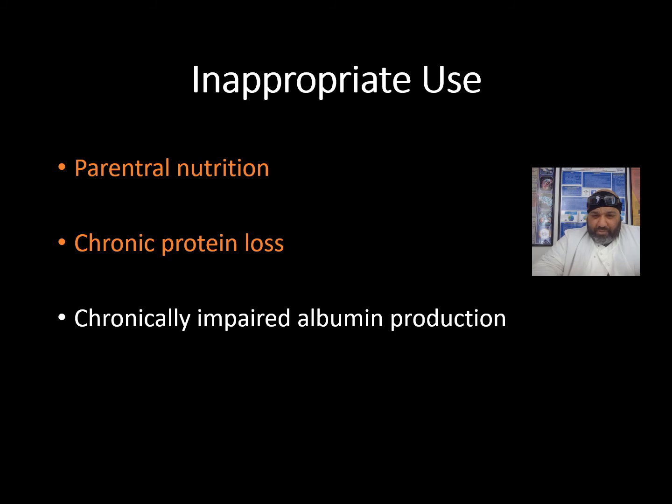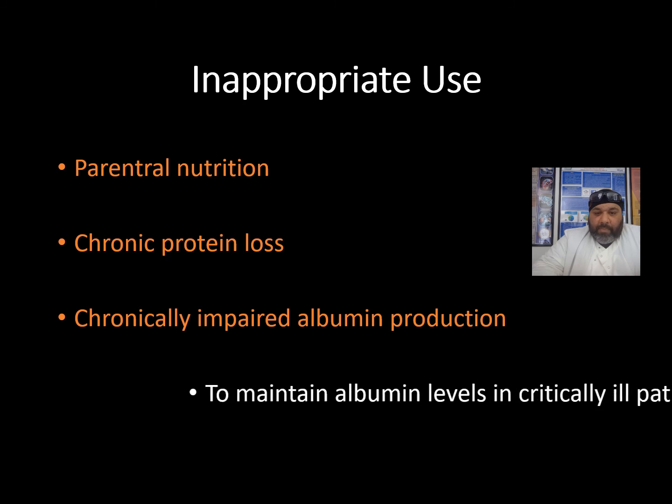So it's inappropriate to use human albumin solution, in that it may remedy some of the protein loss at that time, but what can happen, which would be more detrimental, is that the patient's physiology could depend on that form of treatment, and it's not what physicians would want.